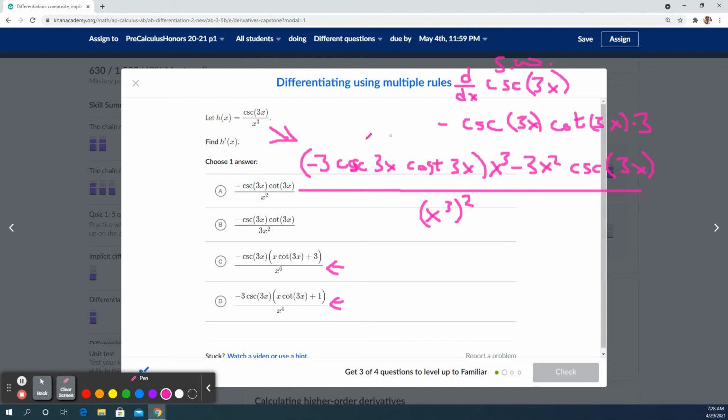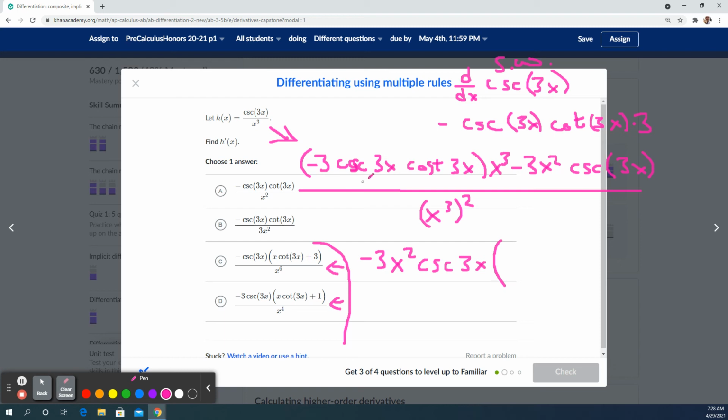There's a negative 3 and negative 3 here. There's a negative 3x squared, negative x cubed here, x squared here. So negative 3x squared, those might reduce out. And we have a cosecant 3x and a cosecant 3x. So all of that got factored out.